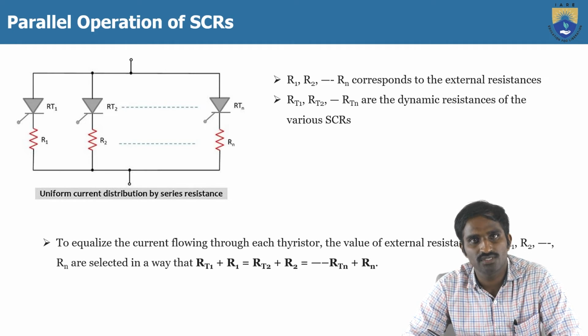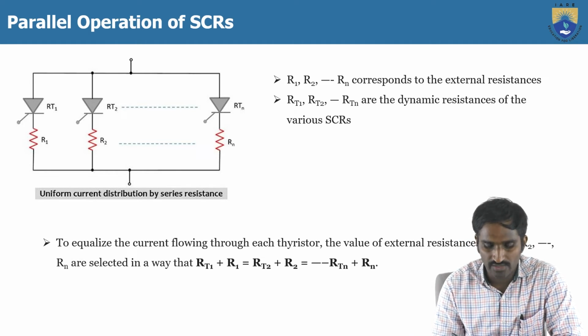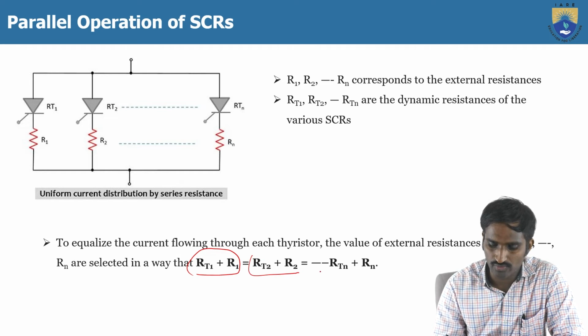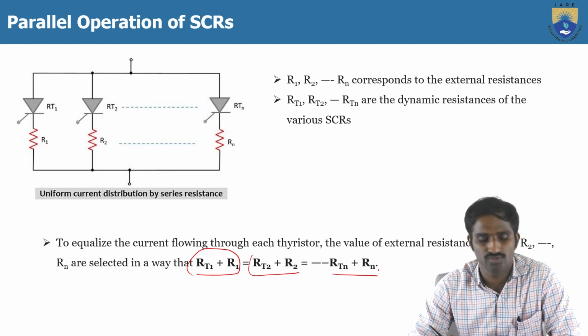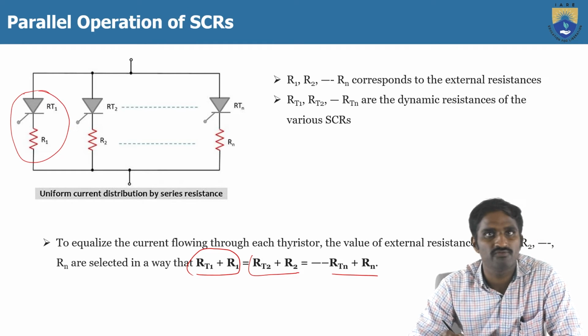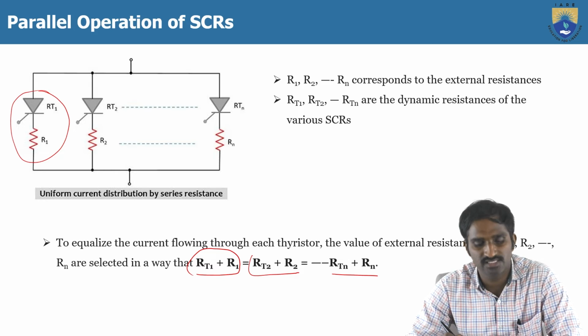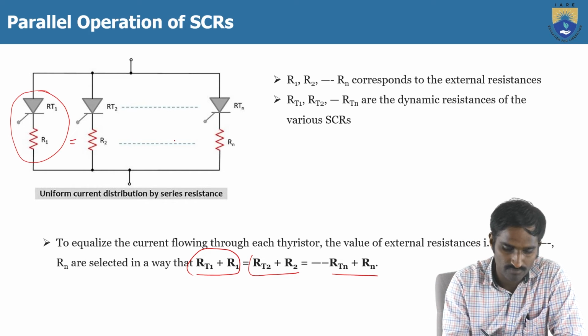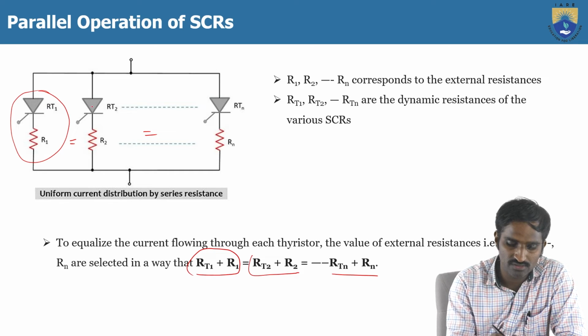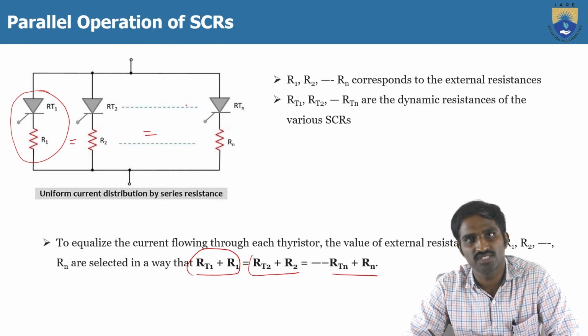We choose these values such that RT1 plus R1 equals RT2 plus R2, and so on up to RTN plus Rn, so that the total resistance of each SCR is the same. Then the current through each SCR will also become the same.